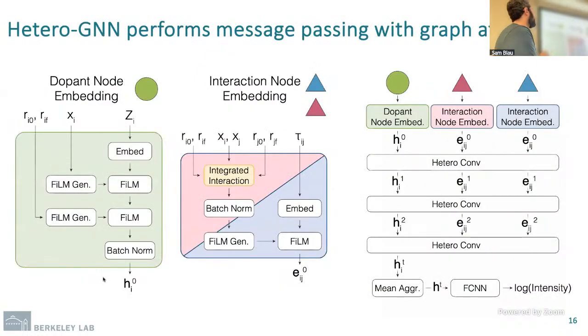I'm not going to say too much on this. If you do machine learning, you've seen diagrams like this before, but basically we have a machine learning potential. We have an embedding of our dopant nodes and interaction nodes, and then we do message passing with graph attention to move information around and learn a better representation.